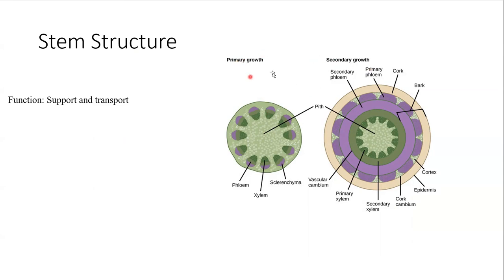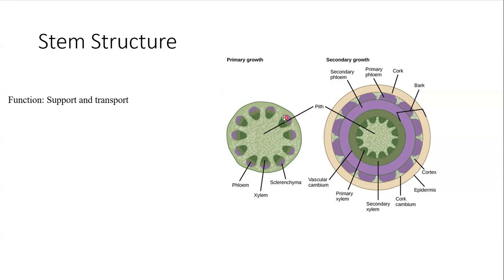The primary growth is essentially the first year of a seedling. Okay, and let's clarify, we're looking at dicot plants right now. Remember there's some differences in dicot and monocot stem structures and their vascular bundles. Remember the vascular bundles.